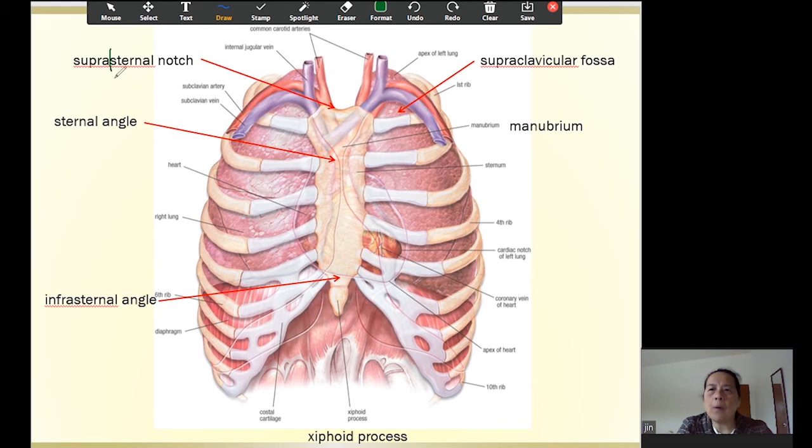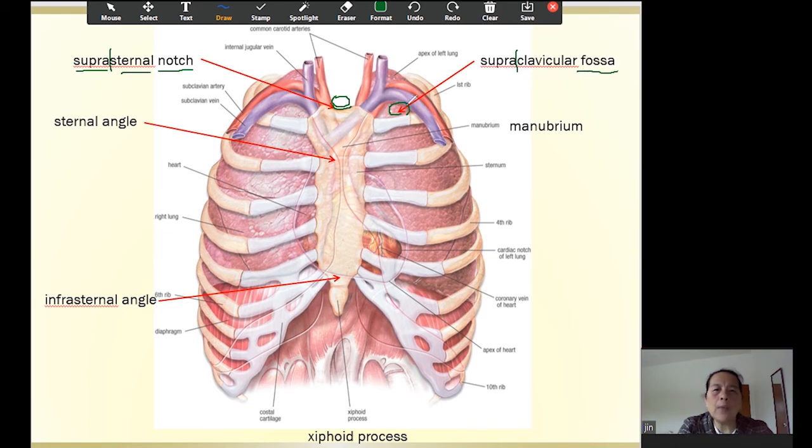Superior means above. The sternal notch is like a dividing point here, something we find in here. That's the superior sternal notch. And superior, in medical words, is upper. About the clavicle, in this area we call it the fossa.